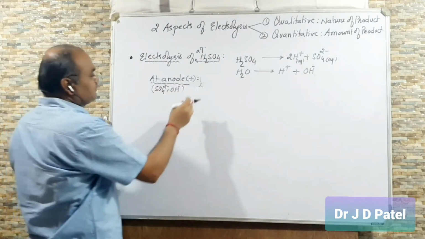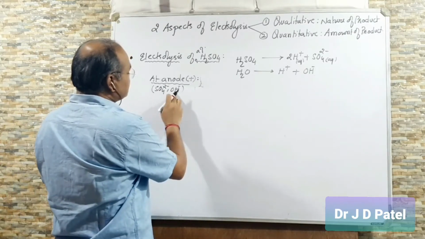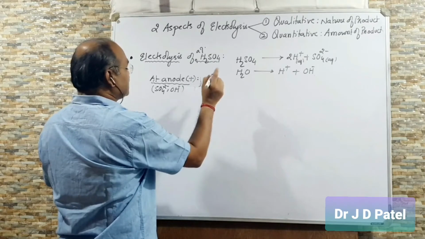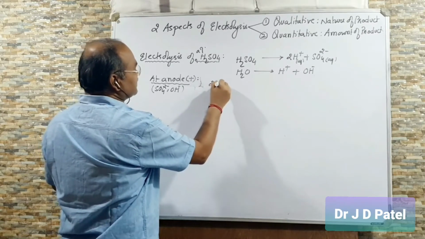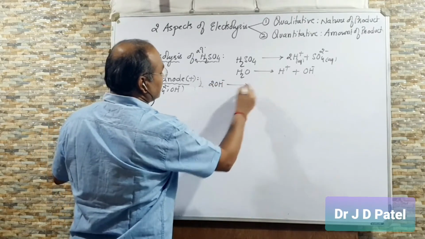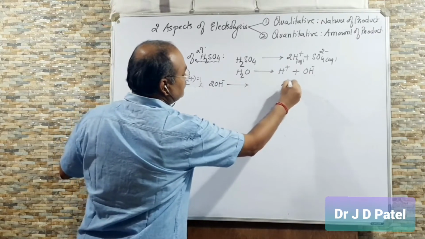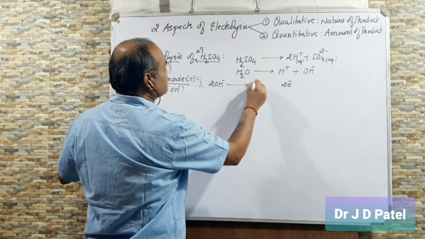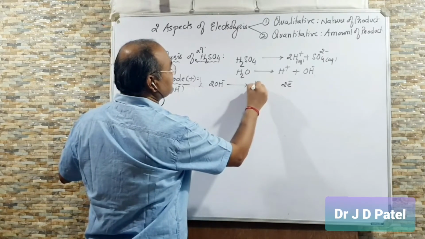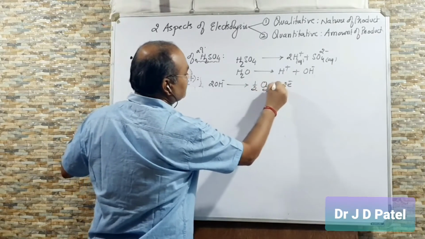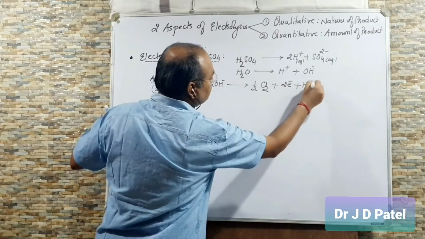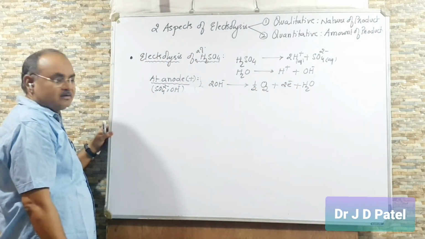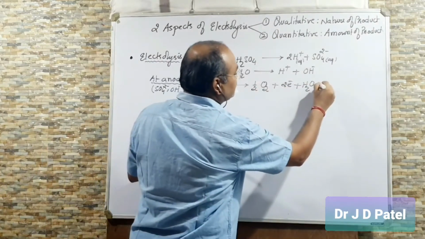Now, here SO4 2 minus and OH minus. What will happen here? Both are possible, but 2OH minus at anode undergoes oxidation, loses 2 electrons, and gets converted to O2 gas plus H2O. You can see the balance. Clear? This reaction is for dilute solution.